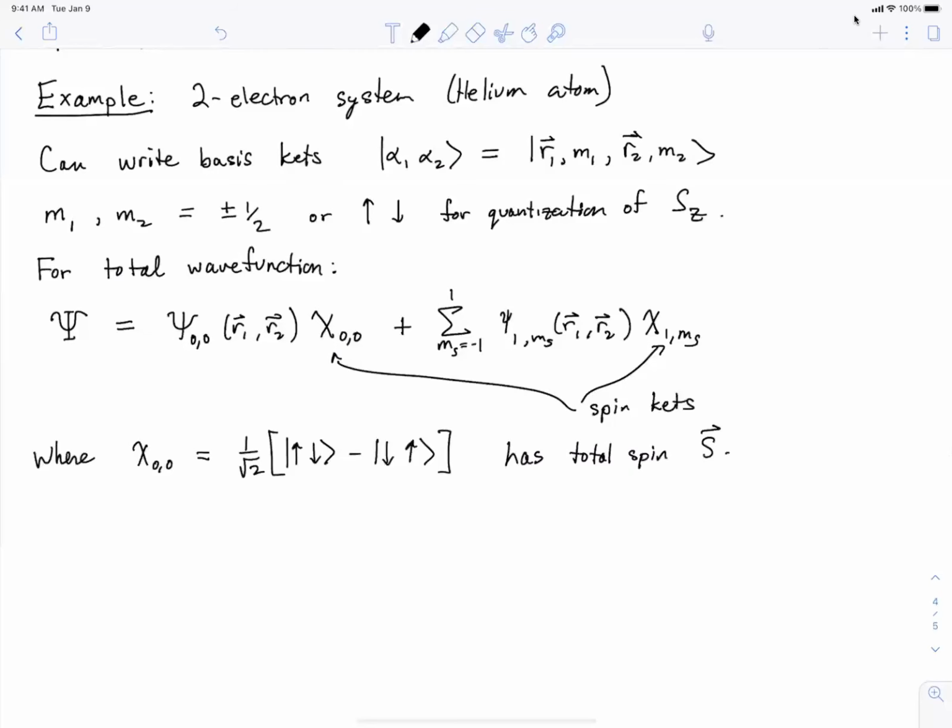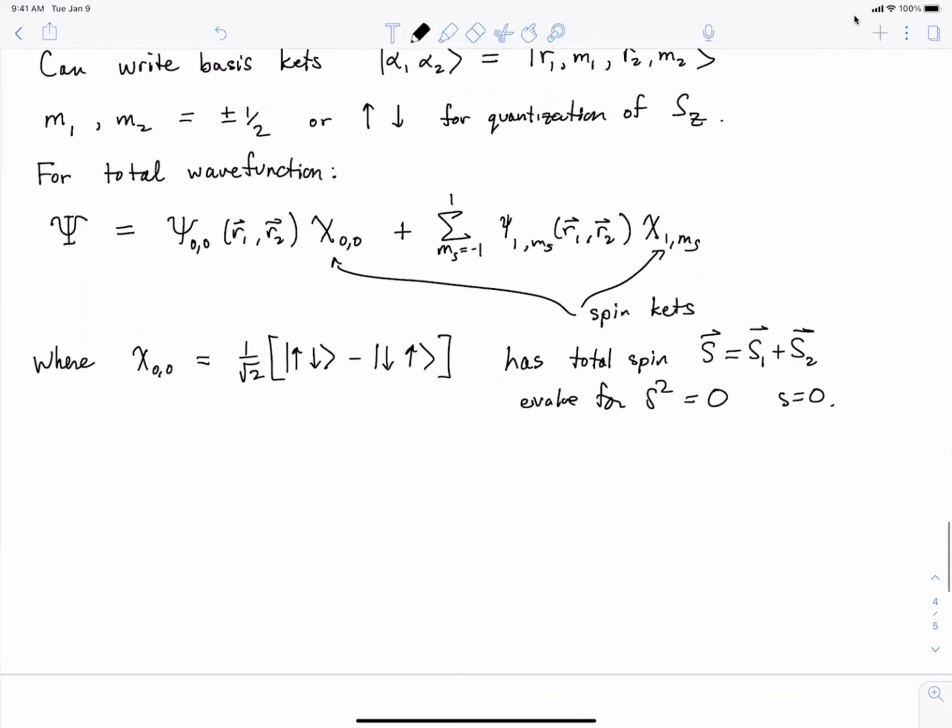Remember, the total spin is just the individual spins summed together. And the quantum number eigenvalue for S squared is 0 for this state. And so s is equal to 0. And notice this combination is antisymmetric.